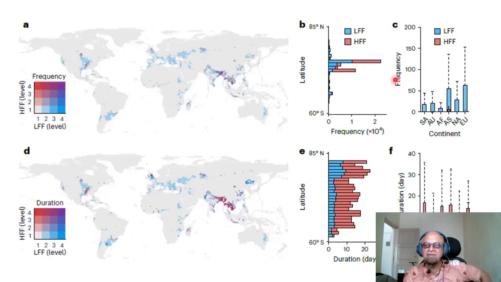So it's a mix. So latitudinal distribution of LFF and HFF, frequency of LFF and HFF for different regions. So you can see the range, frequency, and the uncertainties. Latitudes for duration and for duration days for continents.